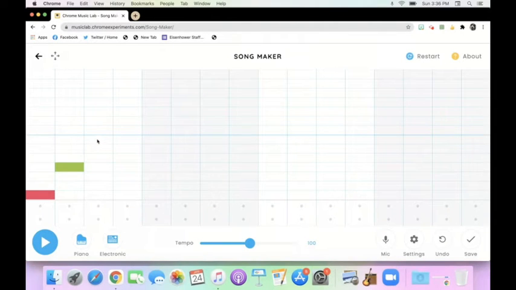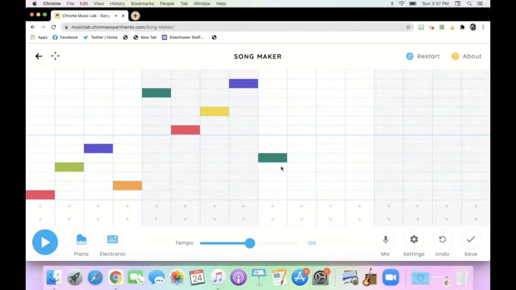So if I'm moving by skip, I can decide to skip up or down, but notice how it's not the same notes. So these are all skips. Let's have a listen to what that sounds like.